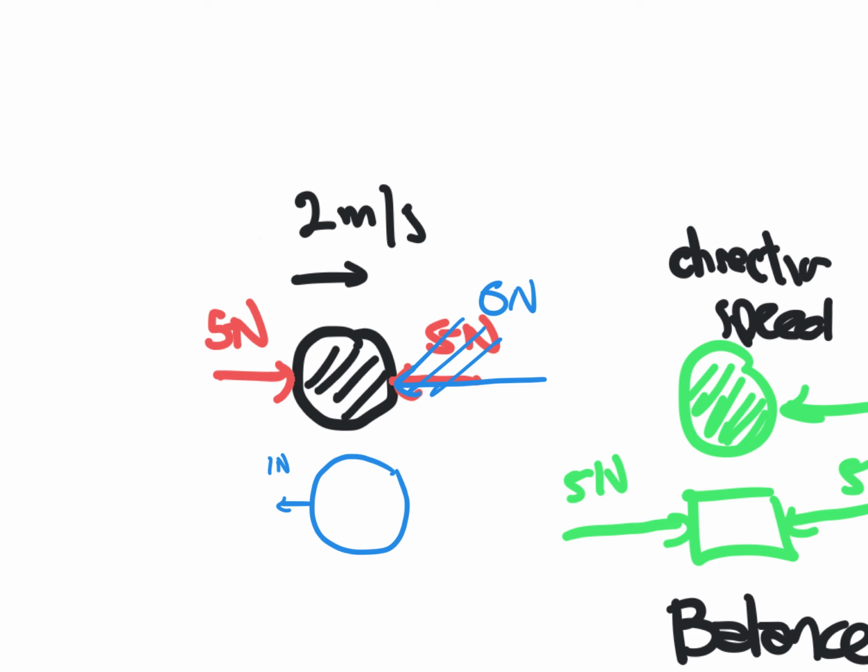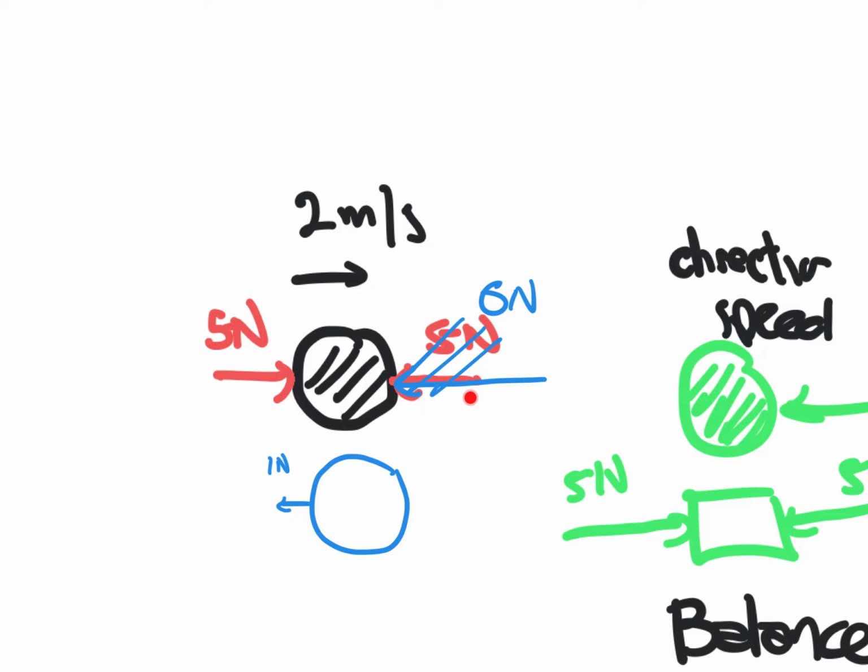So if I'm going to apply a 1 newton force the other way, that has to mean that I'm going to see it accelerate in this direction. Ooh, isn't that opposite to this? There will be negative acceleration. That means it's going to decelerate. This will then slow down.